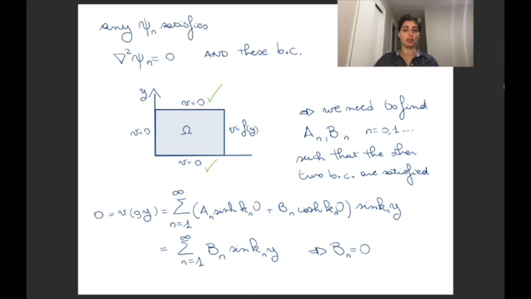But sine of kn y are orthogonal functions. They're linearly independent. So this infinite sum is equal to 0 only if every single part of this infinite sum is equal to 0, and that means that bn needs to be equal to 0.